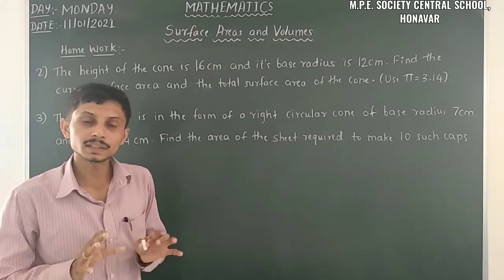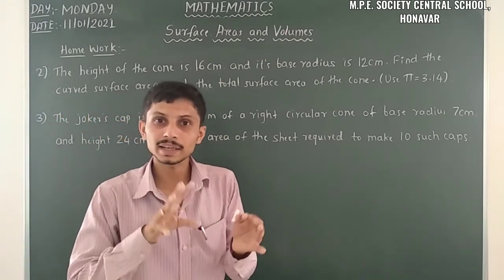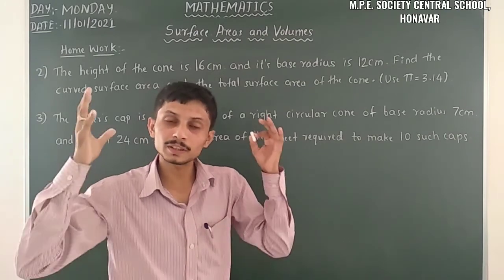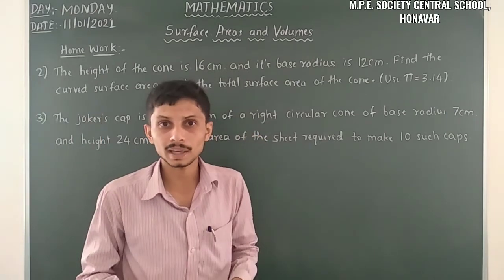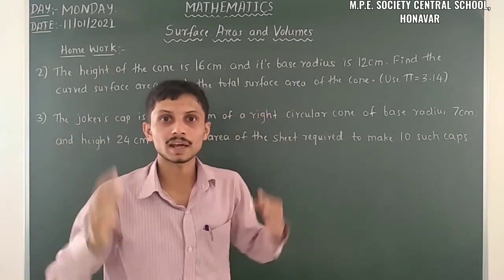So just observe the cap. The cap is hollow inside, so there is no base here. If we had a base circle, it would not be a cap. Cap means inside it is hollow, so we can wear it like that.